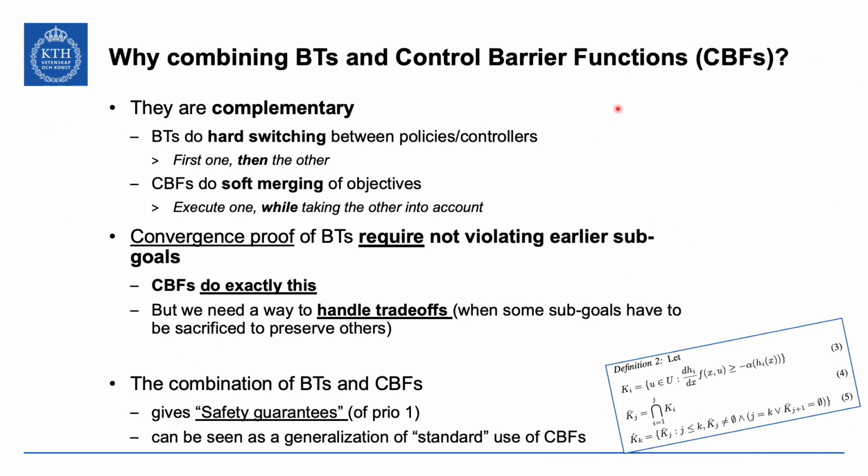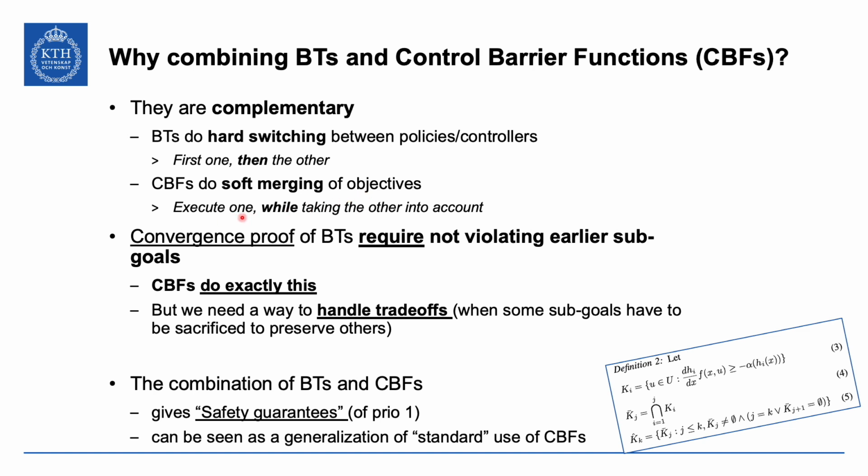Yes, so just looking back at the motivation for combining behavior trees and control barrier functions, they are complementary. Behavior trees do hard switching, and sometimes doing that naively is going to get you into problems. And then the combination makes sense because you can use control barrier functions to do soft merging, making sure that whatever controller you're executing now also takes earlier achieved sub-goals into account.